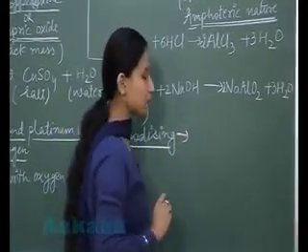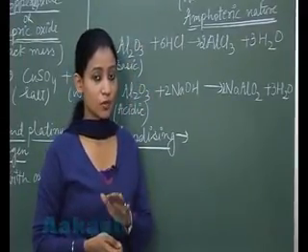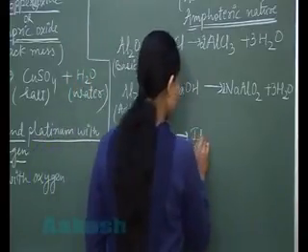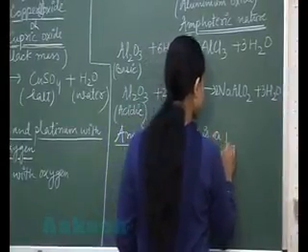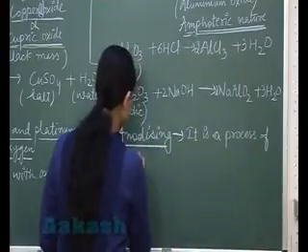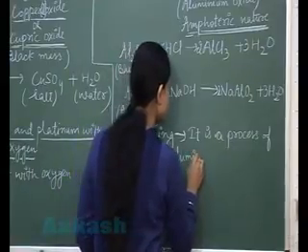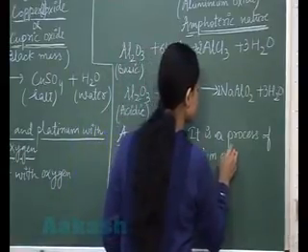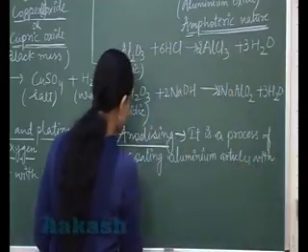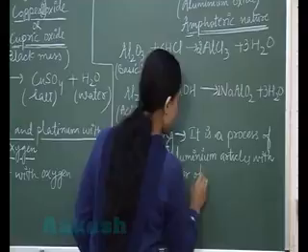Students, anodizing is a process in which a thick layer of aluminium oxide is formed on the aluminium articles. So what is anodizing? Anodizing is a process of coating aluminium articles with a thick layer of aluminium oxide.